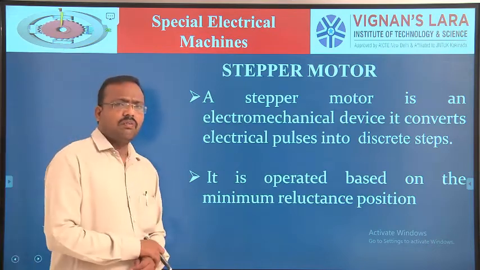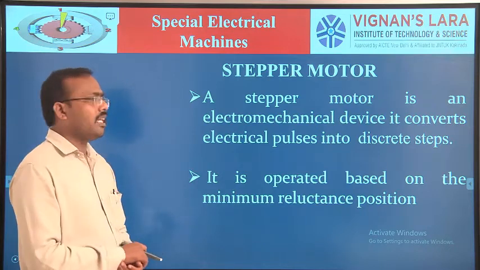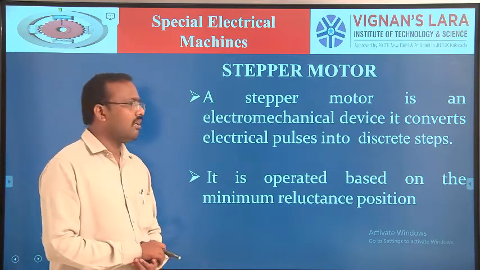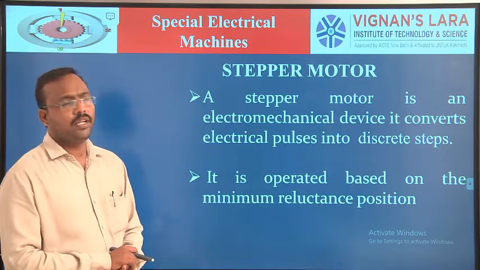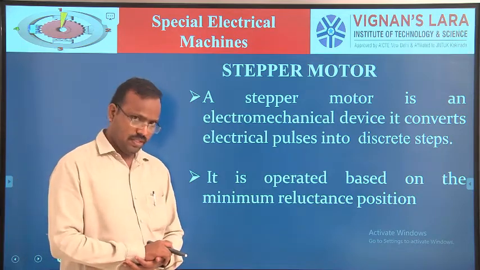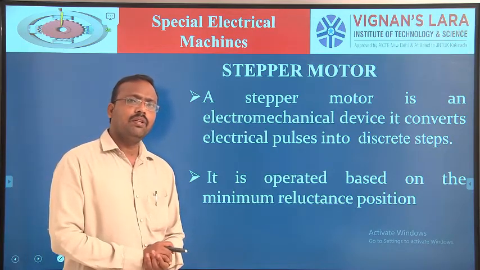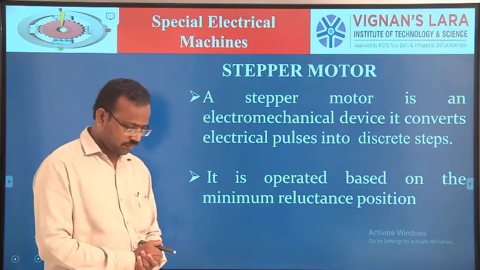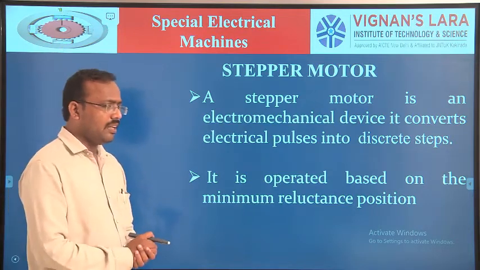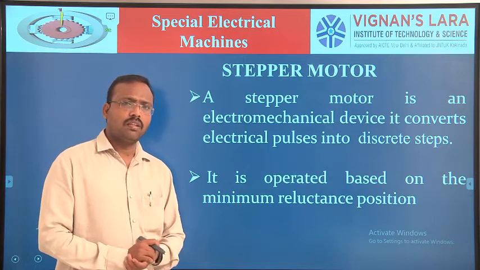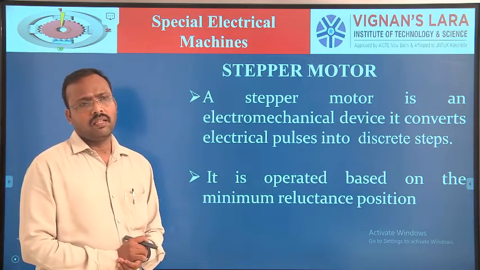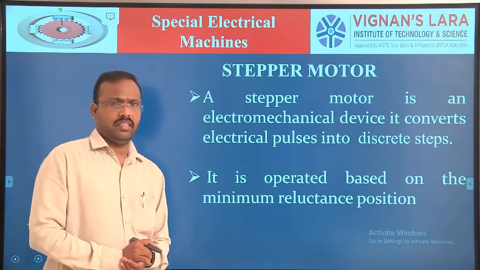This is the definition of the stepper motor. The stepper motor is an electromechanical device. It converts electrical pulses into discrete steps. Electromechanical device means the stepper motor is a combination of mechanical and electronics.